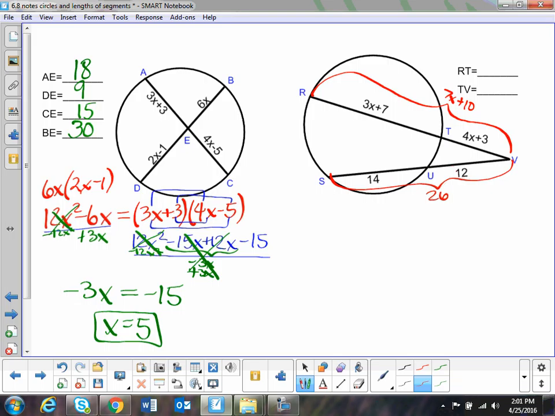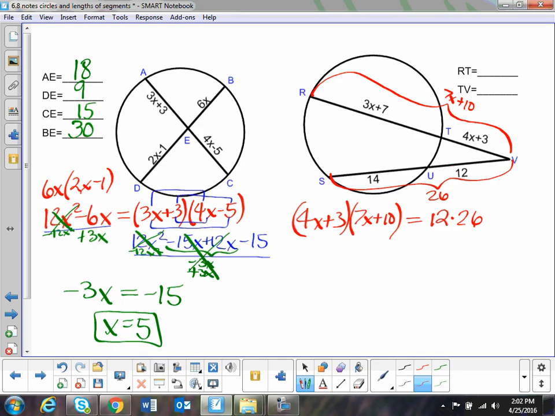Now the formula goes like what? Very good. Equals. So the big segment multiplied by the external equals the big segment multiplied by the external of the other one.